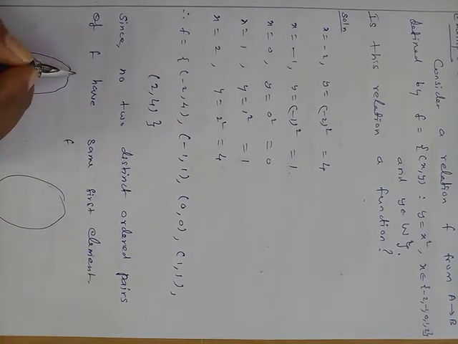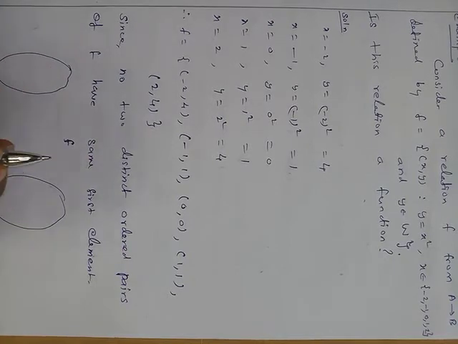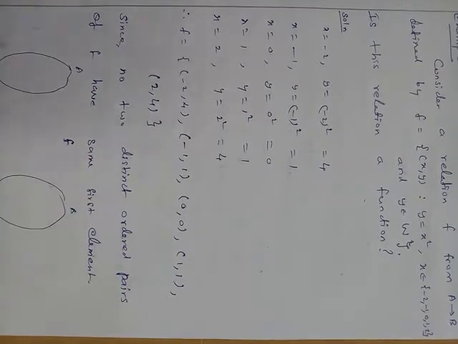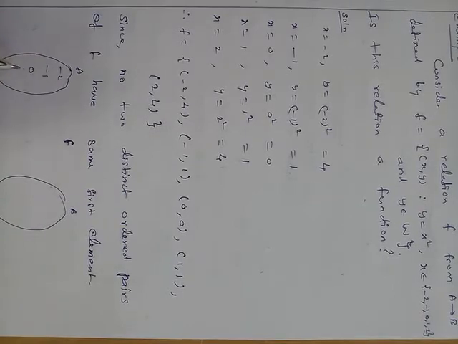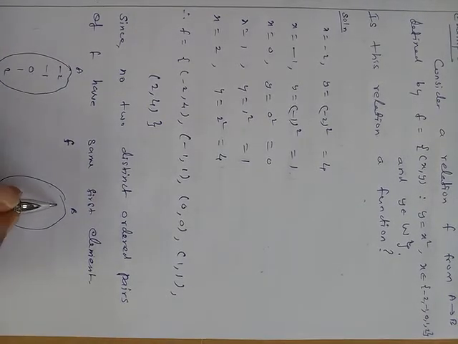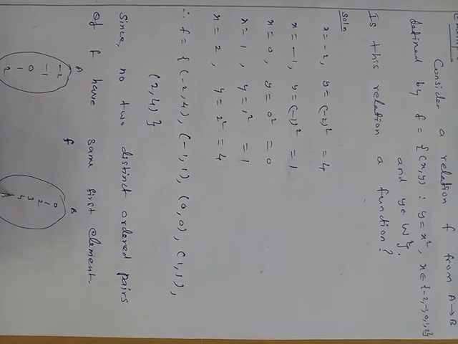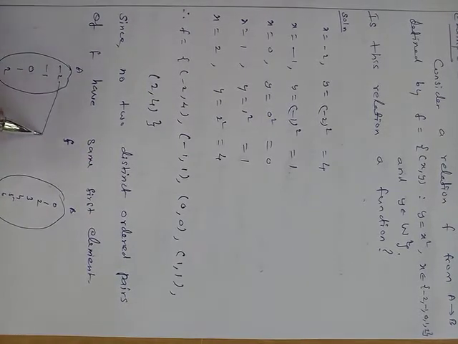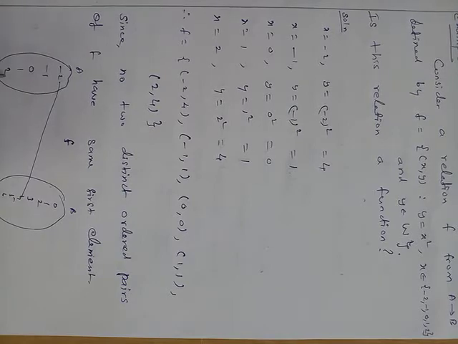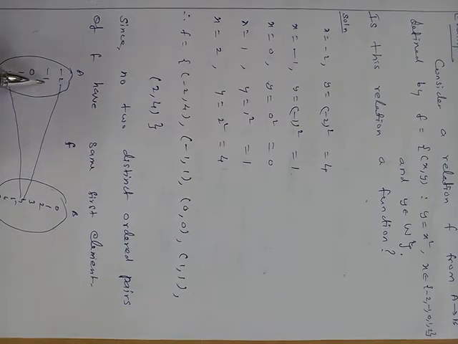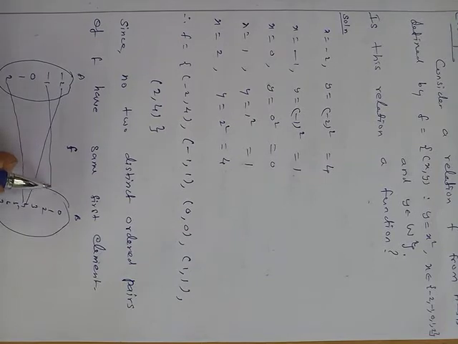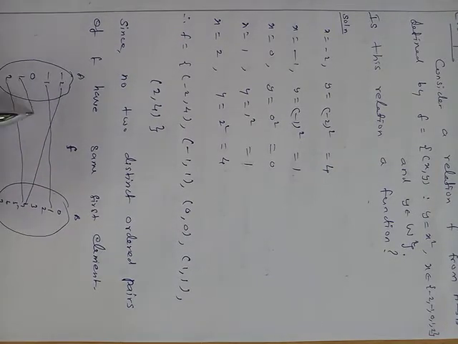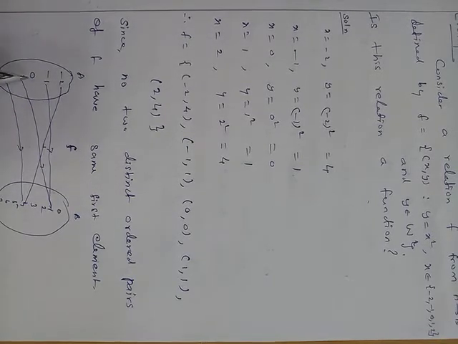Here f goes from A to B. In A we have -2, -1, 0, 1, 2. In B the elements are 0, 1, 2, 3, 4, 5, 6, 7 and so on. Here -2 maps to 4 and 2 also maps to 4, -1 maps to 1, 1 maps to 1, and 0 maps to 0.